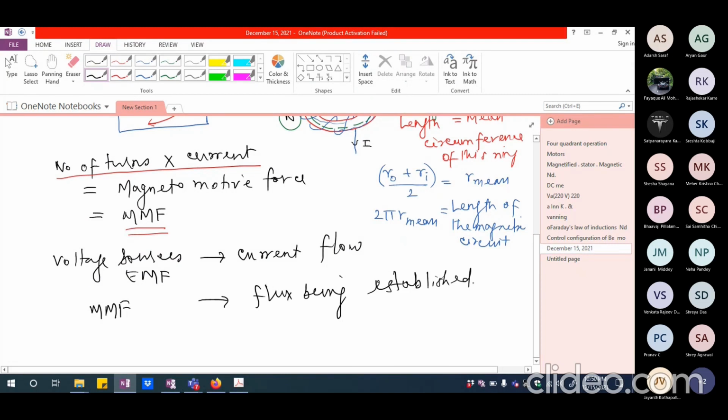So what we are going to study in this topic is, whenever we have a current flowing through a conductor, which is probably wound in the form of a coil, or a single conductor carrying current, how exactly magnetism is manifested around it, and how we do the calculations corresponding to magnetic flux and magnetic flux density. That is what we are going to study in this topic in magnetic circuits.